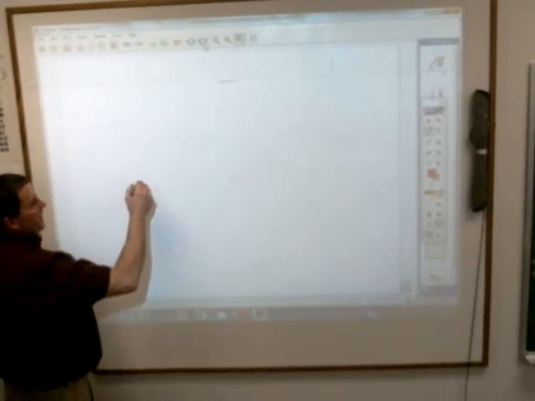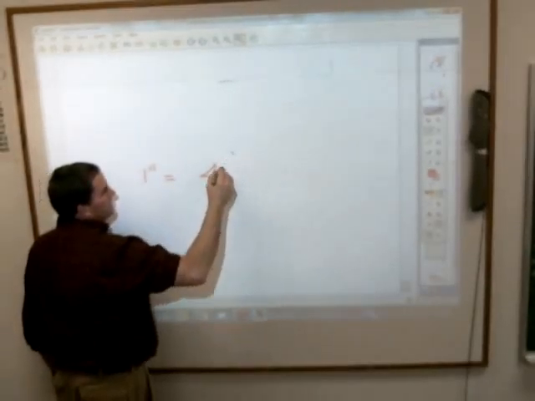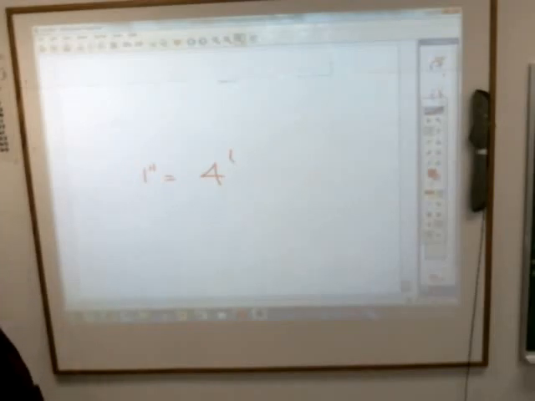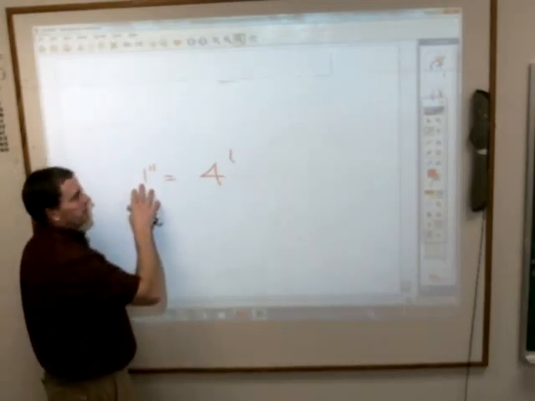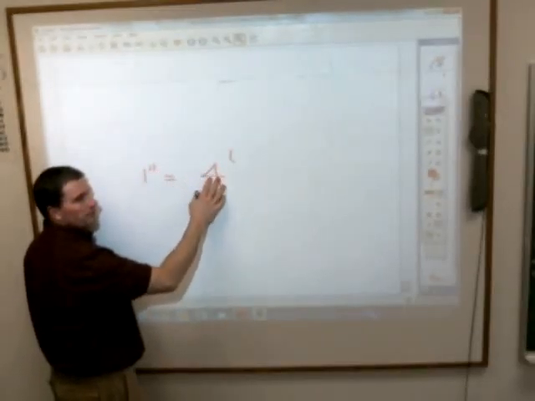If 1 inch on the drawing equals 4 feet on the real thing, they want you to know what is the scale factor. What is the scale factor? Now here's the deal. You're not going from 1 inch to 4 inches, you're going from 1 inch to 4 feet.